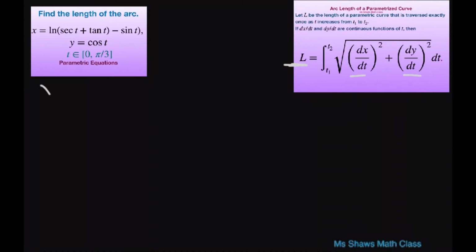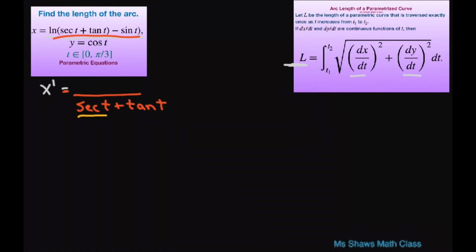So for our x, when you differentiate this whole thing, we're going to get 1 divided by secant of t plus tan of t, and now we have to differentiate our secant t plus tan of t.